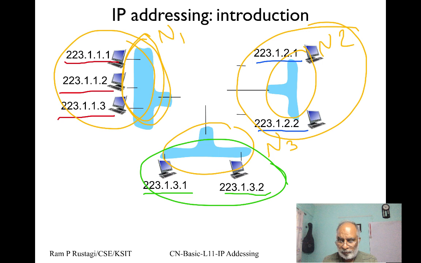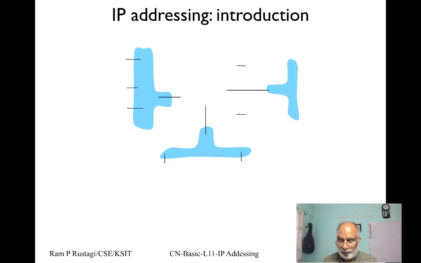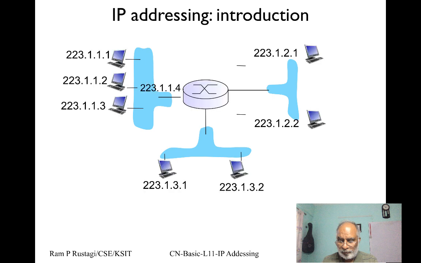And now the router has three interfaces: interface 1, interface 2, and interface 3. And that way you can send.